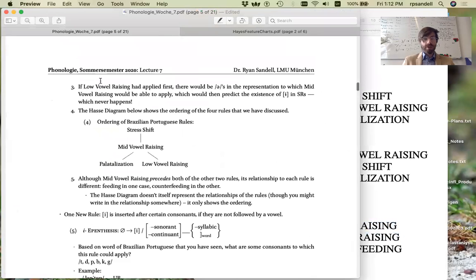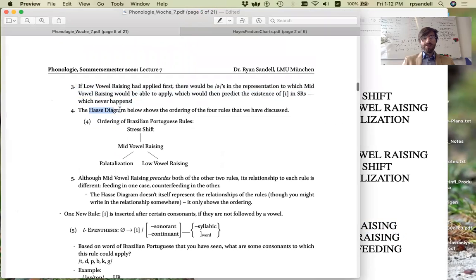And right, so this is what I've said. And Hasse diagrams, which I briefly introduced at the end of lecture 6 here, can be used to show the crucial ordering relationships that we've already established. And we can more precisely say what the ordering relations are between these rules.